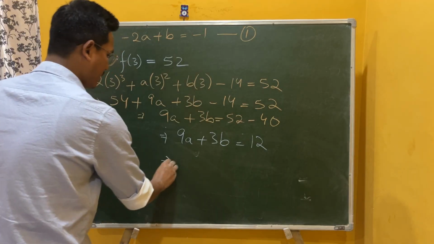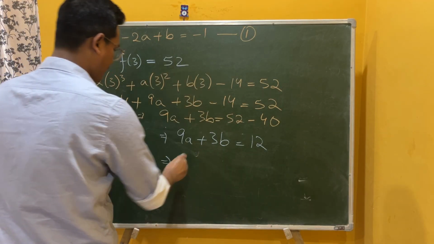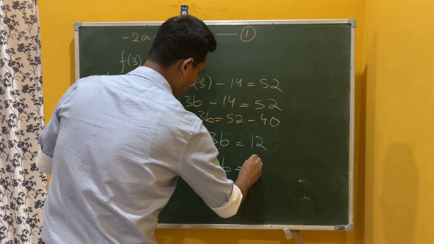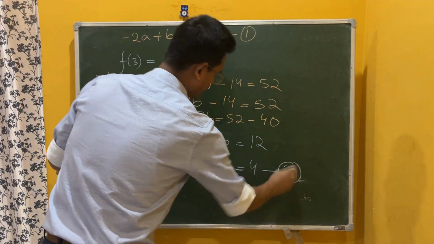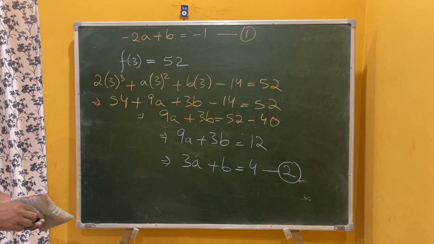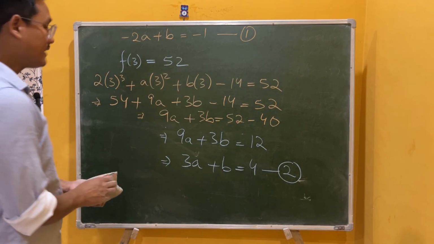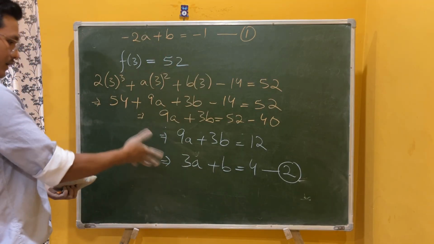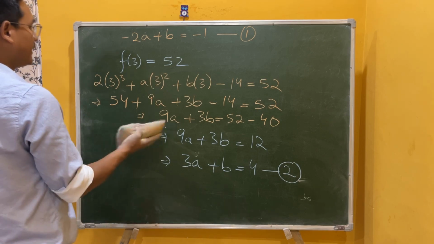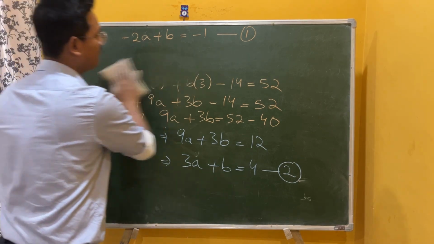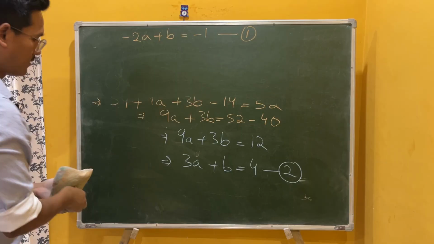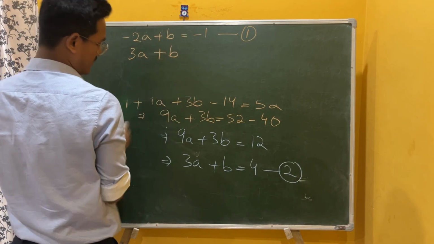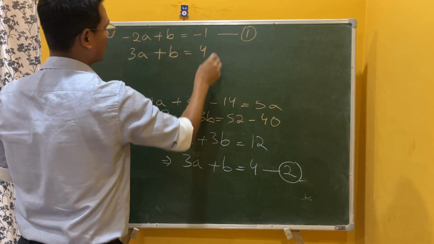You divide the entire equation by 3. So it is going to be 3a plus b equals 4. Let's say this is equation 2. Now let's solve equations 1 and 2. So solving equations 1 and 2, we'll get the values of a and b. 3a plus b equals 4.